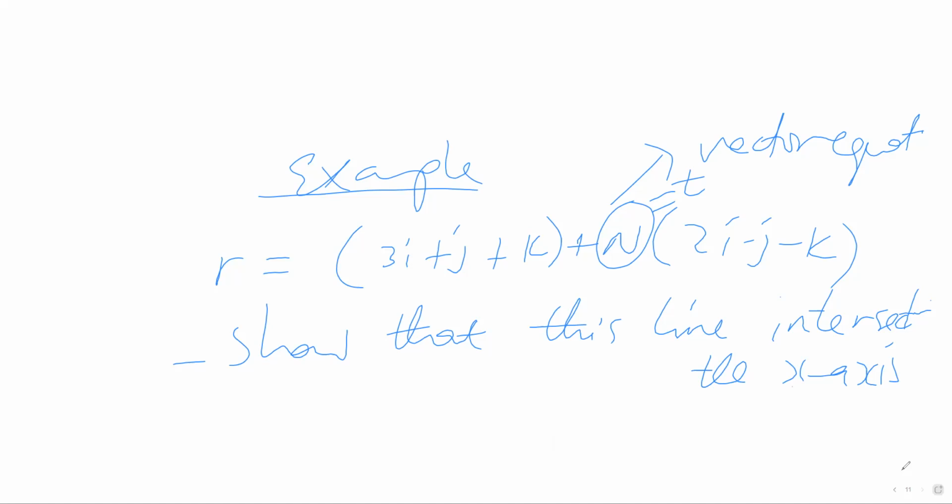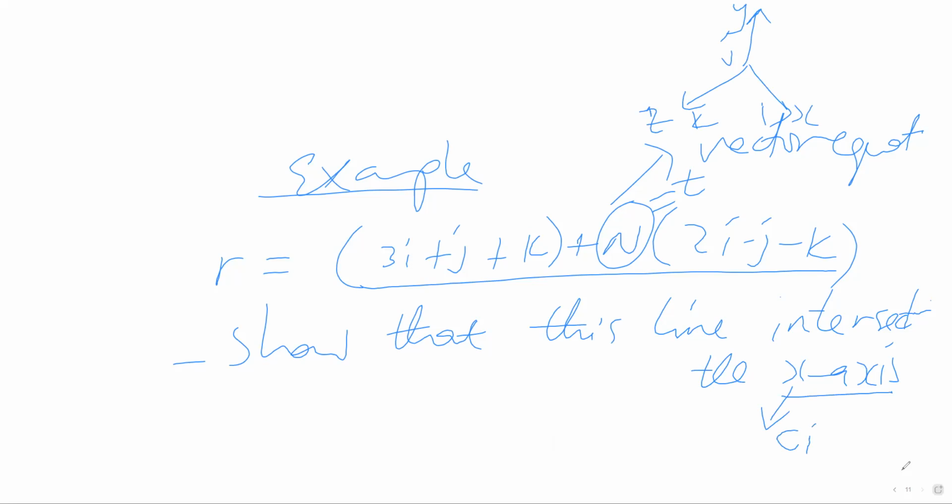Now, if it intersects the x-axis, we need to know the x-axis in terms of vectors. Remember, we're in 3 dimensions, x, y, z. That's why you have i, j, k here. So the x-axis in 3 dimensions would be represented by ci plus 0j plus 0k.